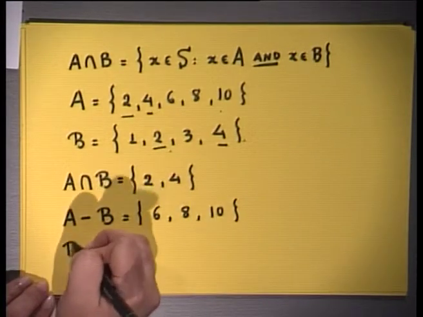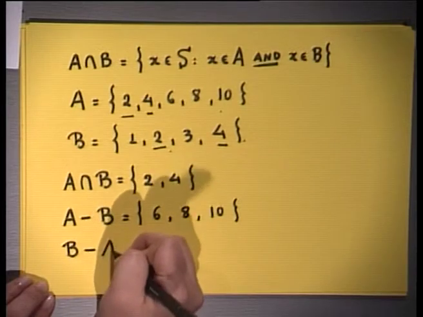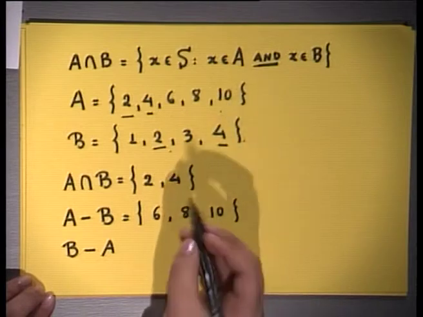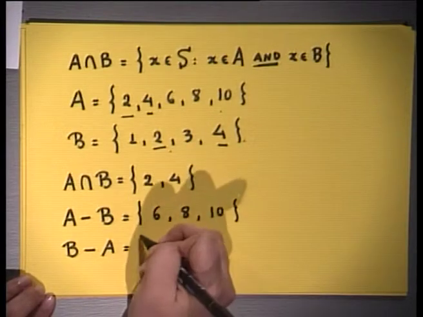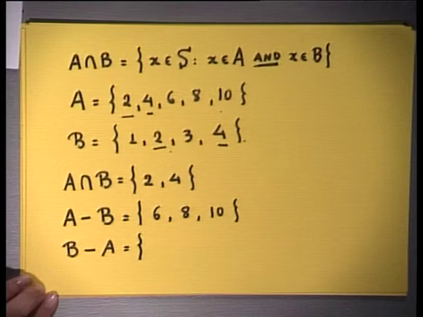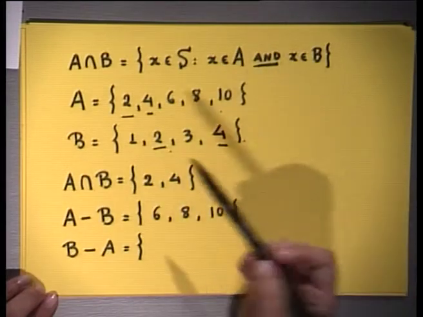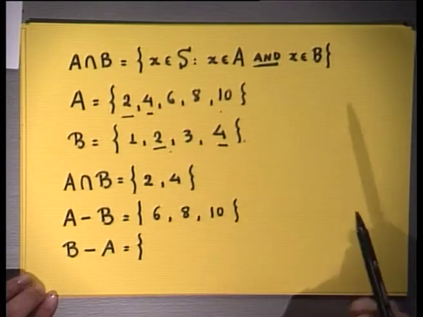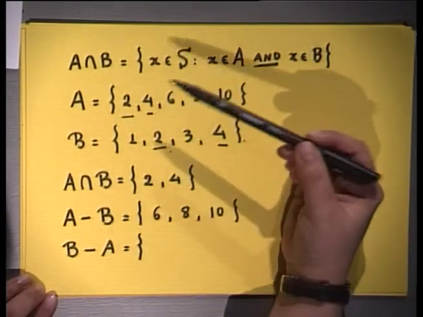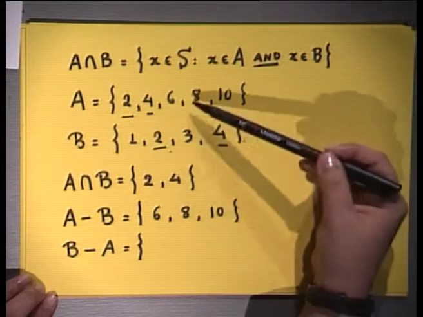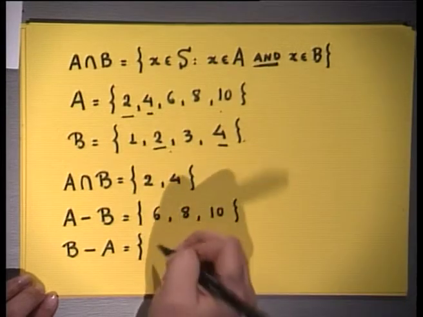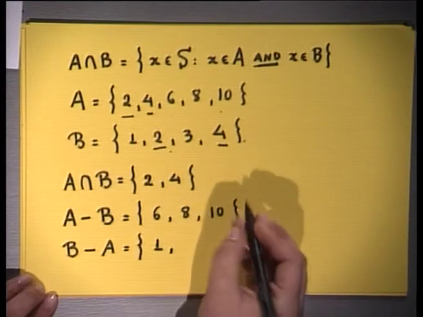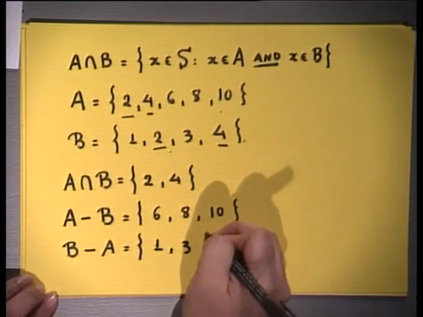The event B minus A is different than A minus B. Let's see why. Let's calculate B minus A. The elements of B, 1, 2, 3, 4. We take out 2 and 4 that belong in both, and what we have is a new set with elements 1 and 3.